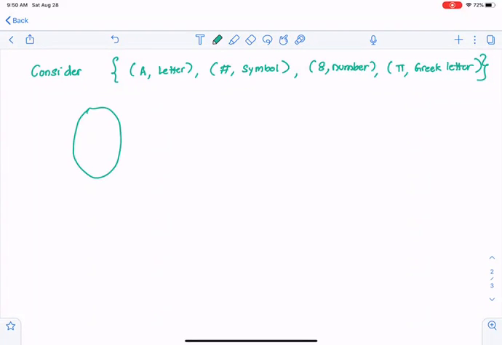So what I'm going to do is put all the X items, A, hashtag, 8 and pi. So we have A, hashtag, 8 and pi.